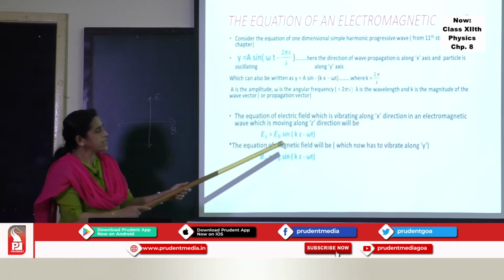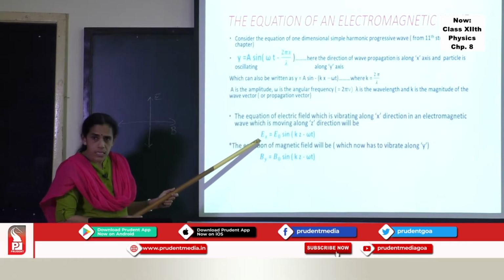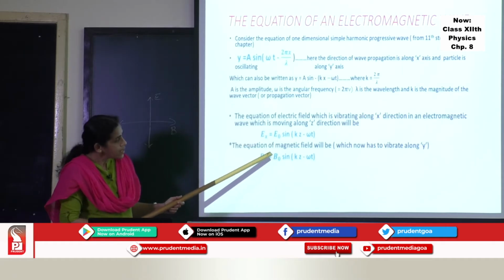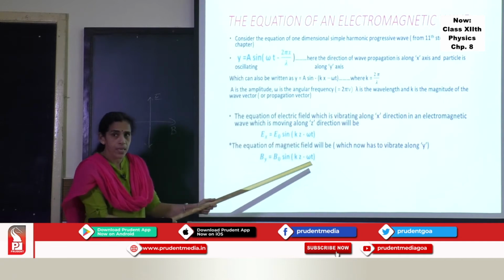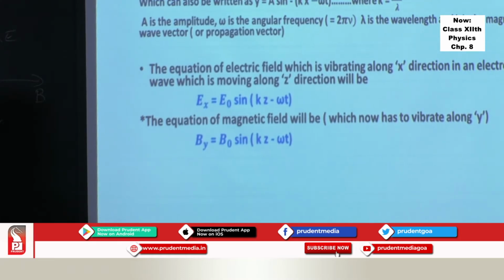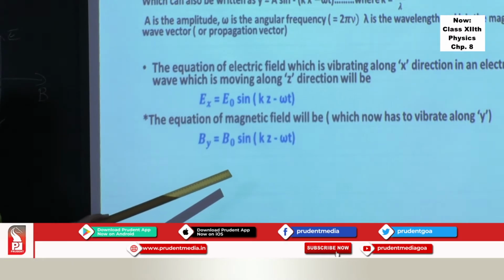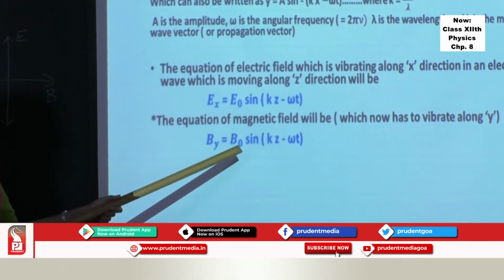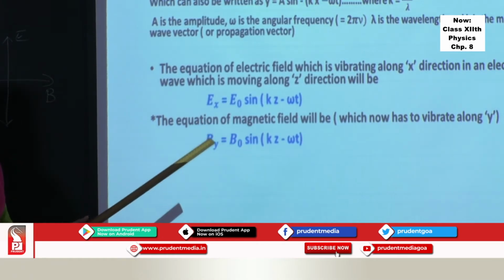And here the wave is coming along the z axis, the electric field is along x, the magnetic field is along y. See, this part, sin(kz minus omega t), is the same in both equations, no change. Only E0 and B0 change. This is the magnitude of the electric field, this is the magnitude of the magnetic field.